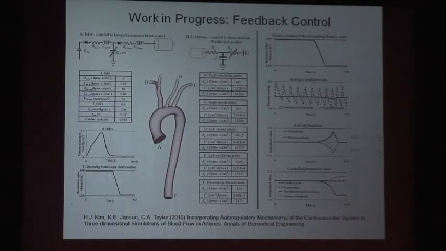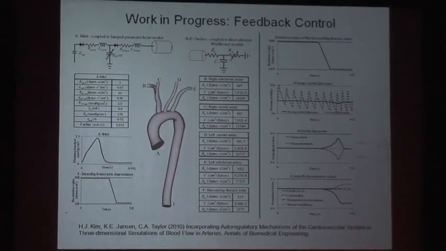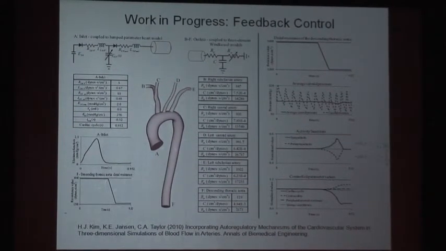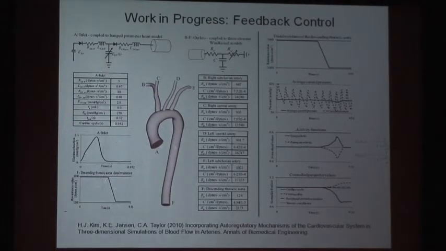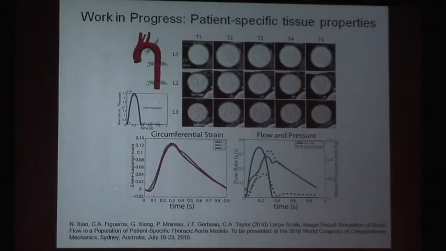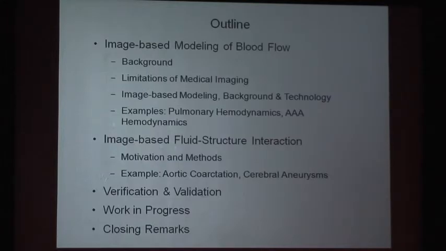We've been implementing feedback control systems to be able to model pressure receptor reflexes and things like that, which are important in controlling cardiac function and pressure. And now, most recently, we've been doing patient-specific tissue properties and using inverse methods to infer properties from dynamic image data, and it's work in progress.